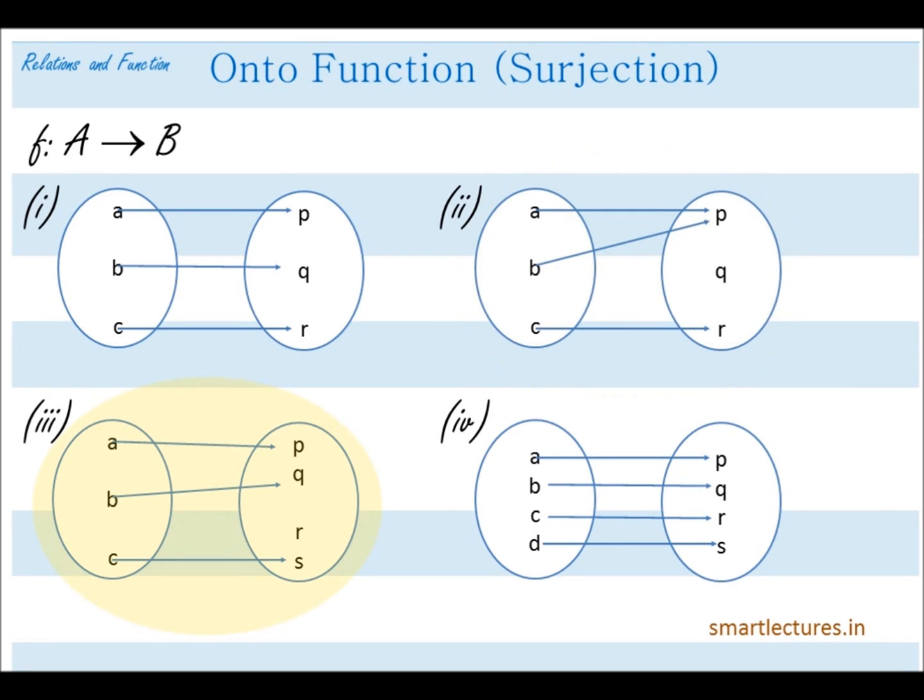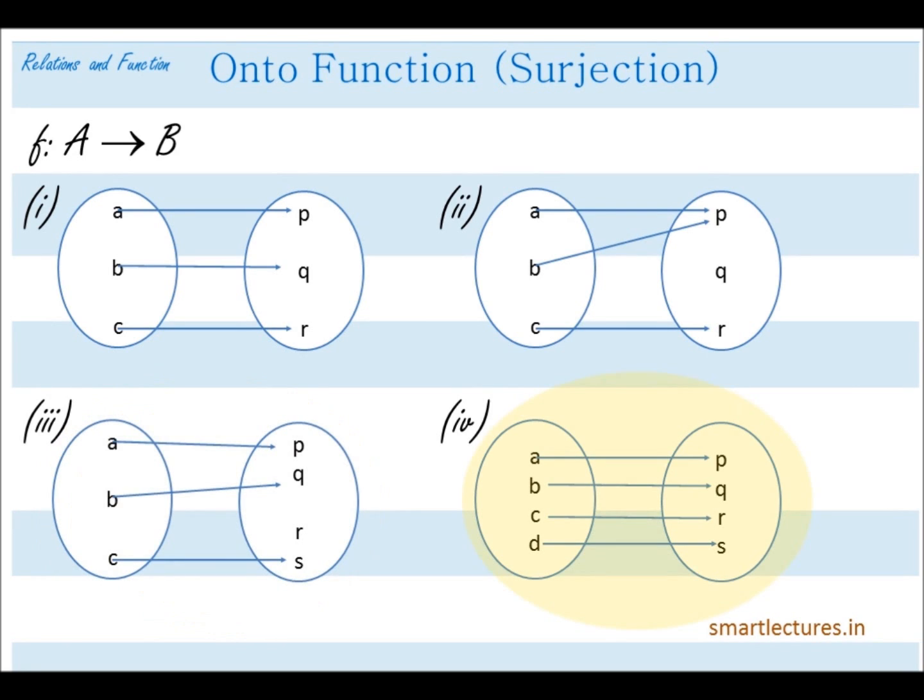In the third case, P, Q and S have some image in set A, but the element R has no pre-image in set A. So is this an onto function? No. As per the definition of onto function, every element of set B must have some pre-image in set A. So this is not an onto function.